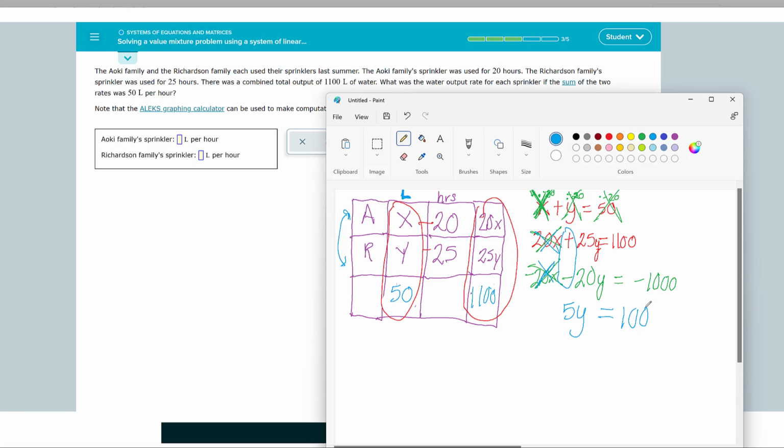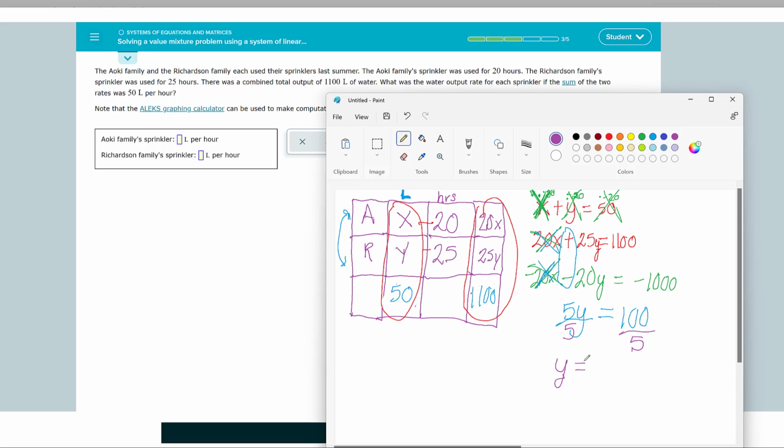Now, that y is still not alone. What are you going to do to get rid of that 5 by that y? You're going to do the opposite of what's in front of that y, which is multiplication. We're going to divide, and we can actually do another color. Why not? We're going to divide that 5 by both sides because you're not being stingy, okay? And that's going to make you have y equals 100 divided by 5.